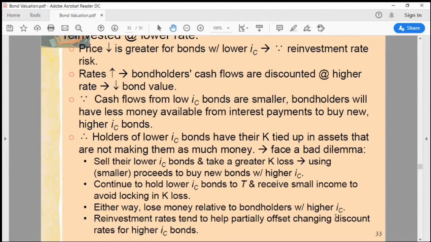If you're losing money relative to bondholders with high coupon rate, you might say, oh, then why didn't you invest in high coupon bonds in the first place? But look, don't you understand what kind of bond is paying higher coupon? Remember, the higher the risk, the higher the coupon rate. Makes sense? In other words, high quality bonds, high credit rating. Why high credit rating?